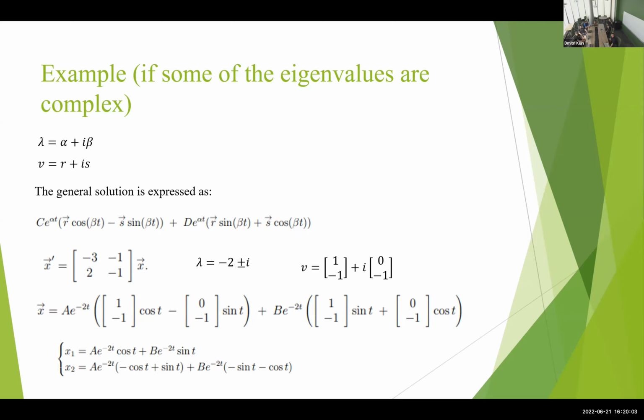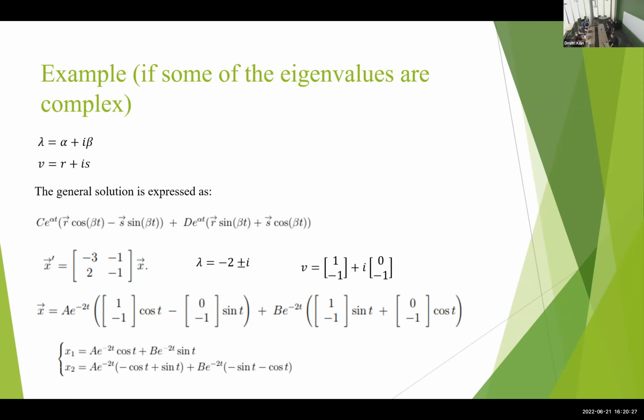Lambda is expressed as alpha plus i beta. As I said, i is the square root of negative 1, and the eigenvector is expressed as r and s. The general solution of this system is expressed as the following equation.